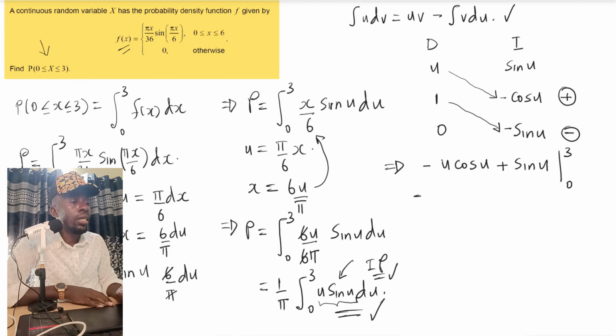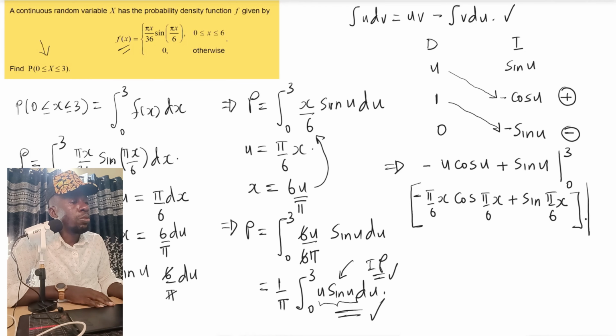So it is minus pi by 6 x cosine of pi by 6 x, plus sine of pi by 6 x. But the whole quantity, we are substituting the value from 0 to 3.